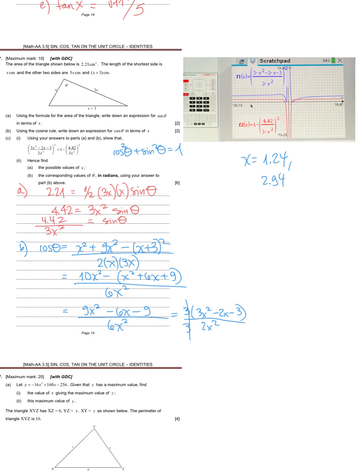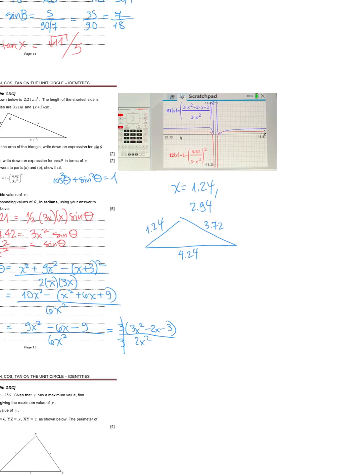Okay, so the corresponding values of theta in radians using your answer to part B. Okay, so if I redraw the triangle here, I'll just do 2 different triangles. So 1.24 and 3 times 1.24, which is 3.72, and then 1.24 plus 3 is 4.24.